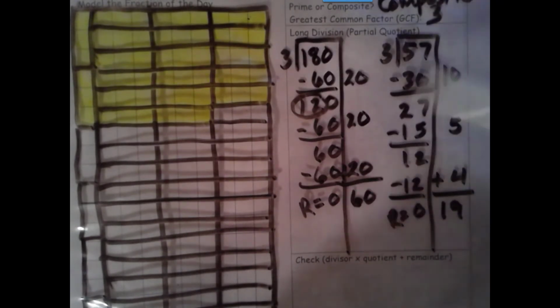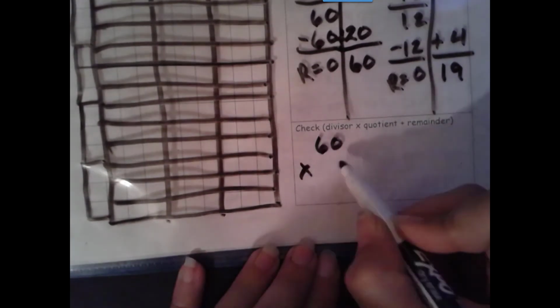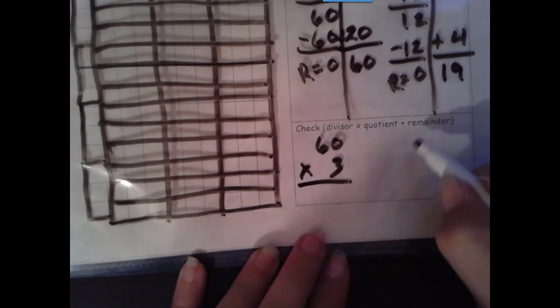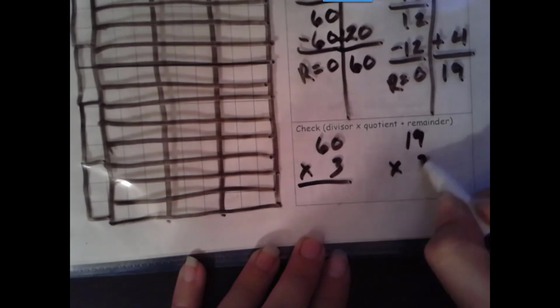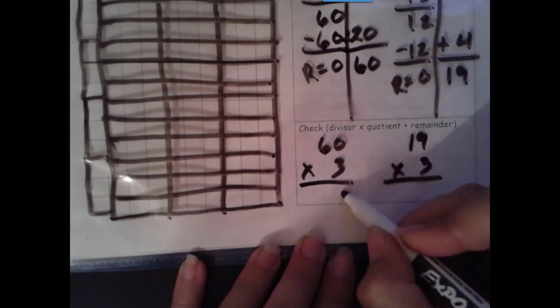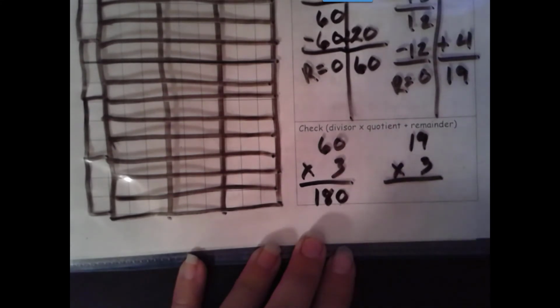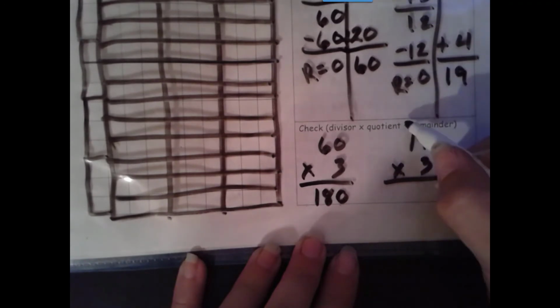Now we need to check our answers. Divisor times quotient plus remainder. Since our remainder for both is 0, and the identity property of addition says when you add 0 it stays the same, I don't need to actually add it. 3 groups of 0 is 0. 3 groups of 6 tens is 18 tens. 3 groups of 9 is 27. 3 groups of 10 is 3 tens plus 2 more tens is 5 tens.